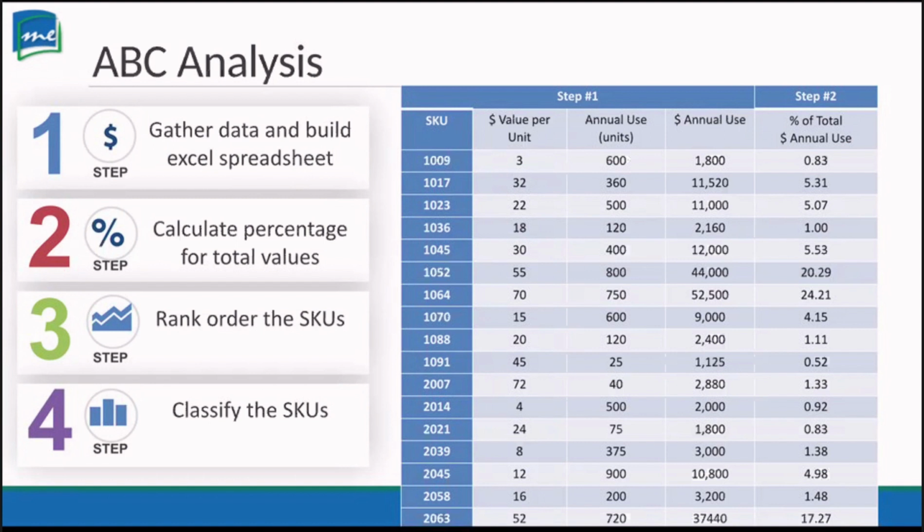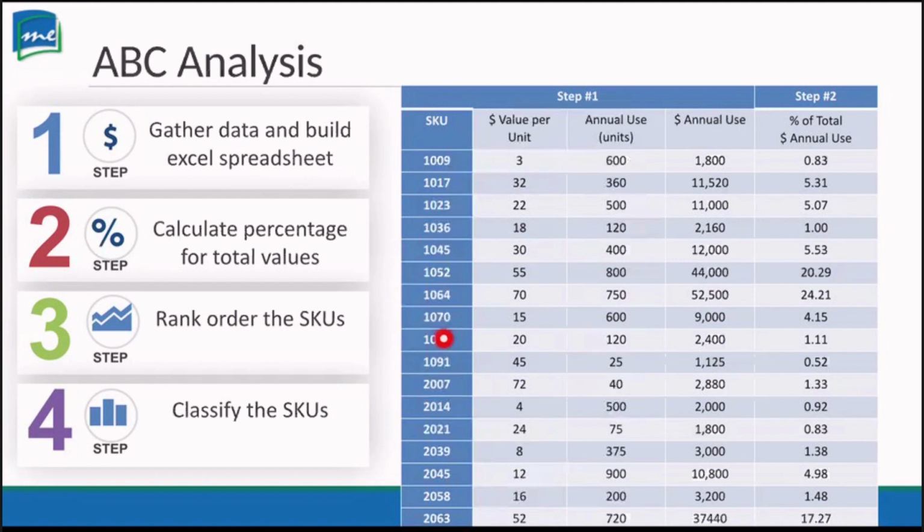So the first step is to gather the data. What kinds of data do you need to gather? You need to know what kinds of SKUs you have, the value per unit for each SKU, and the annual use, how many units you need to keep annually. This is all the information you need to collect.